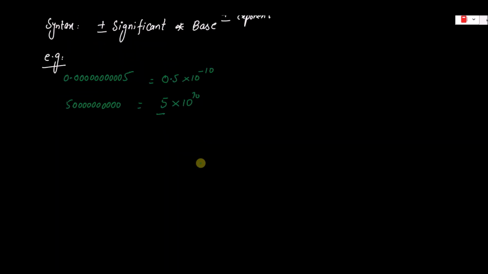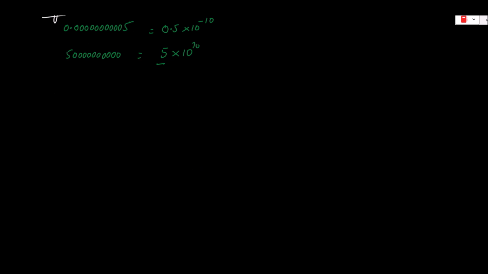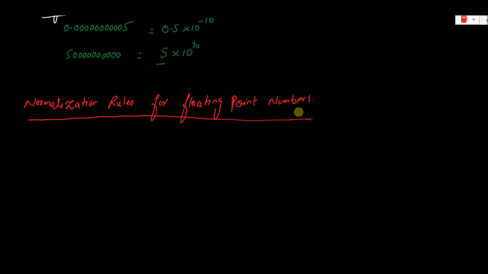So we have some rules of writing floating point numbers. Let's discuss the rules. We call it the normalization rules for floating point numbers. The first rule says that the integer part should be 0.